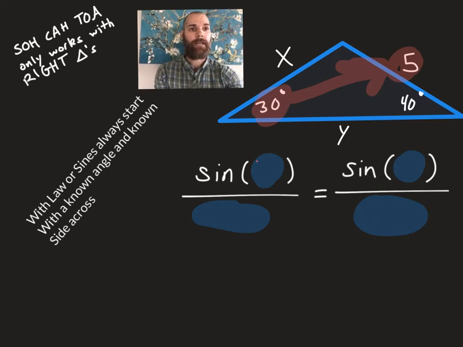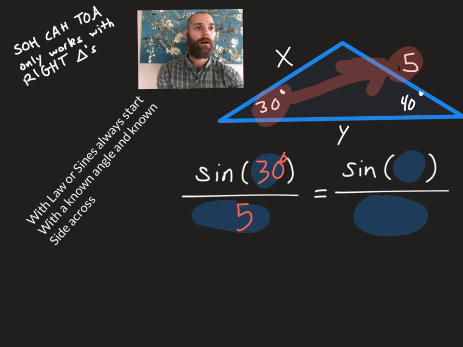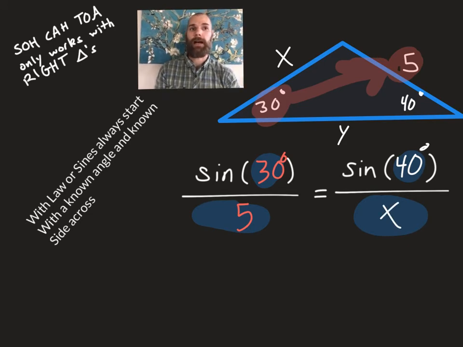So I know sine of 30 degrees over 5, and that's going to be equal to, what's the other angle that I know? Well, I also know the sine of 40 degrees over x. I don't know x, but that's okay. From here, I'm going to do the algebra to solve.